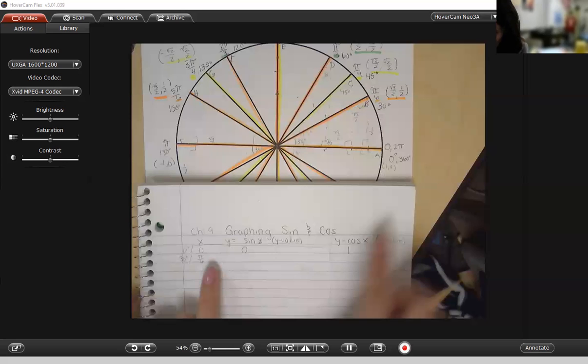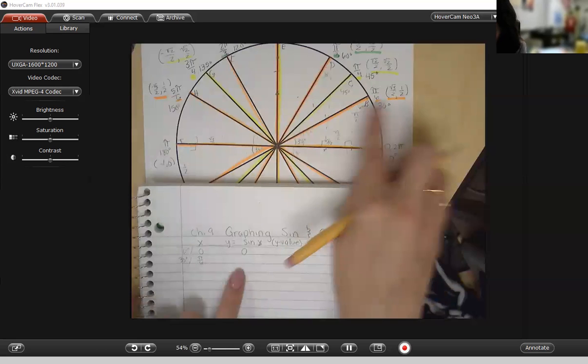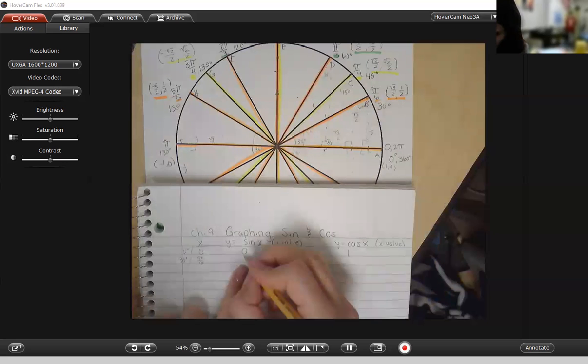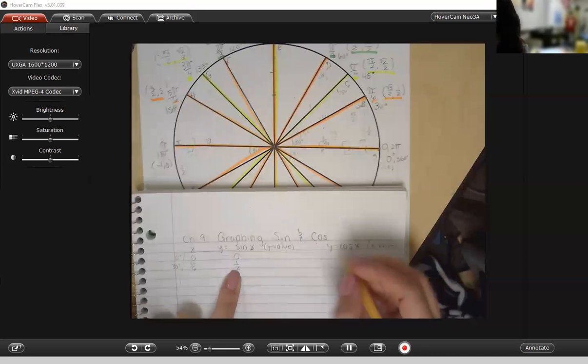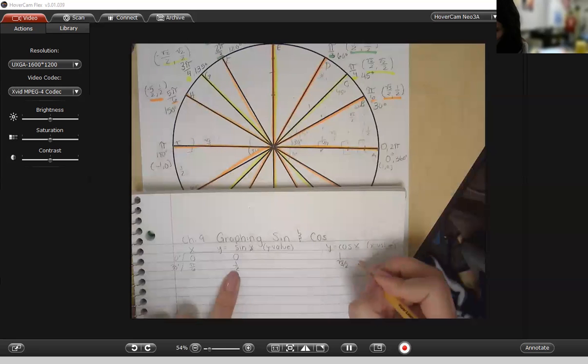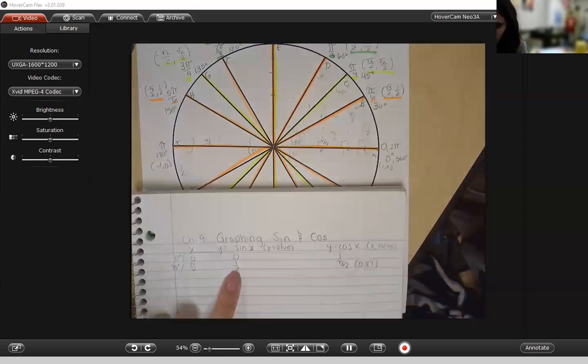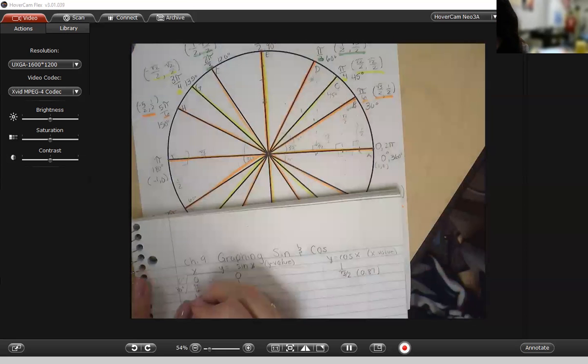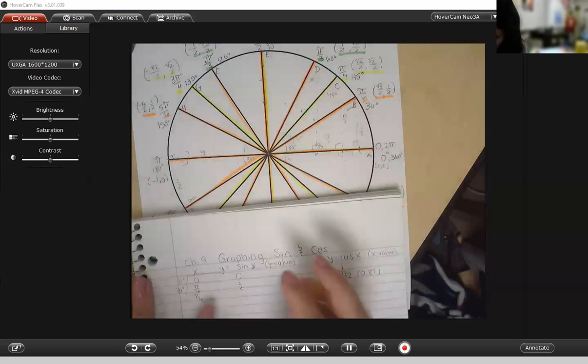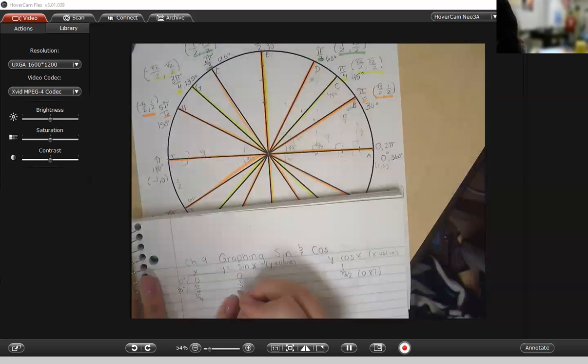Okay, and I go to pi over 6. My sine is 1/2, and my cosine is rad 3 over 2, which I'm going to put in parentheses is about 0.87 to remind myself when I'm graphing. Okay, I'm going to move on to pi over 4. My sine is going to be rad 2 over 2, which I'll remind myself is about 0.71.